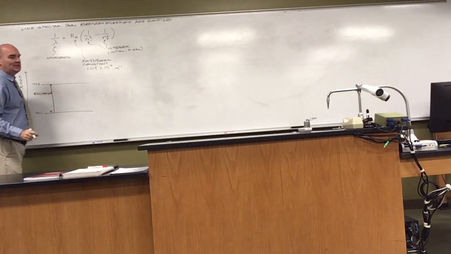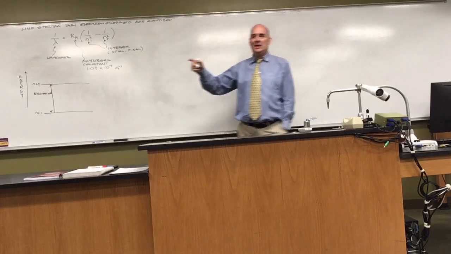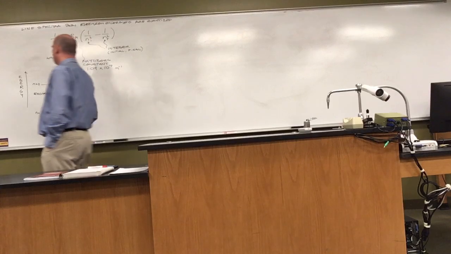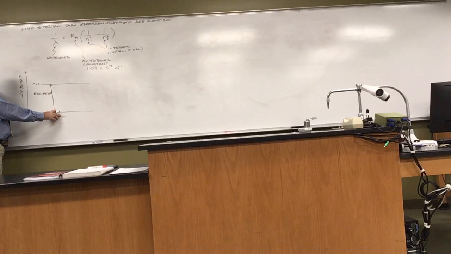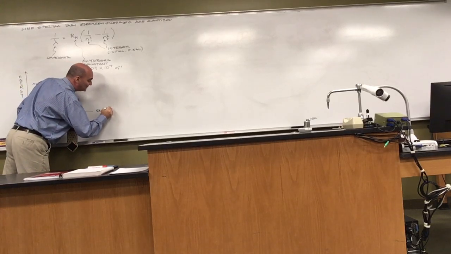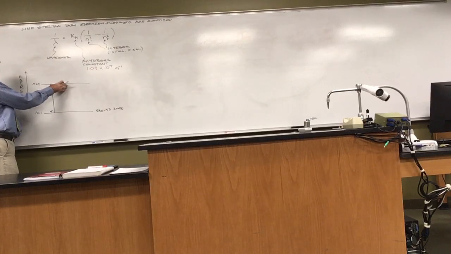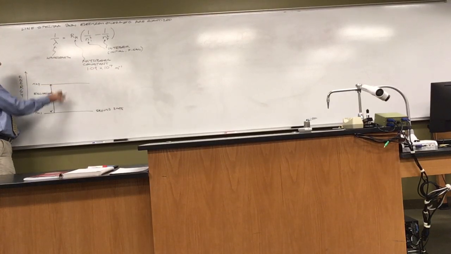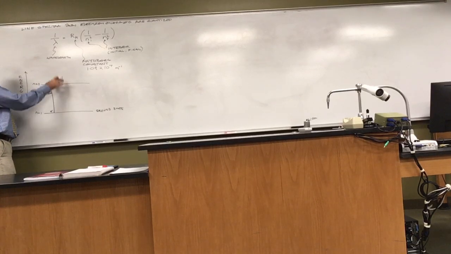I'm going to call that excitation. Promoting an electron from a low energy level to a high energy level is called excitation. This place down here at the bottom, where the electron is naturally spending most of its time, gets to be called the ground state. And then this would be an excited state. If I give the atom energy, it will promote an electron from a ground state to an excited state.